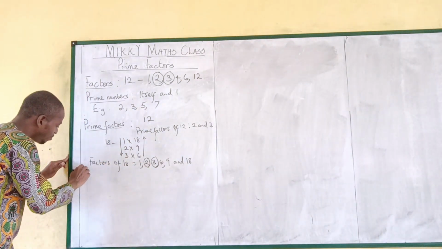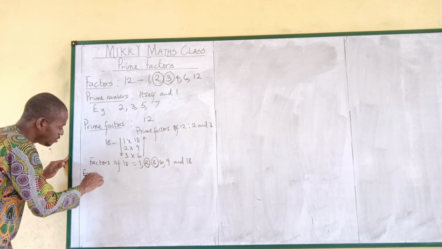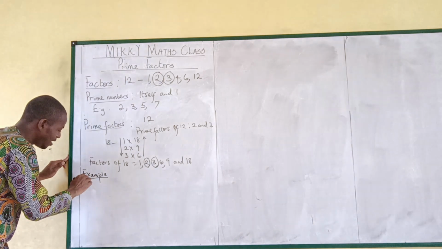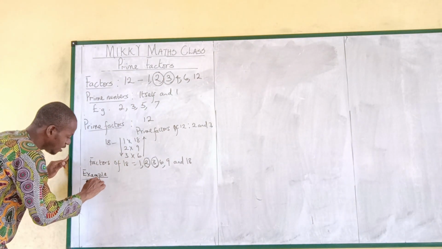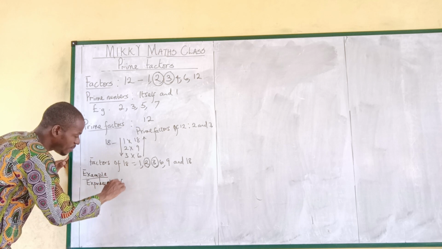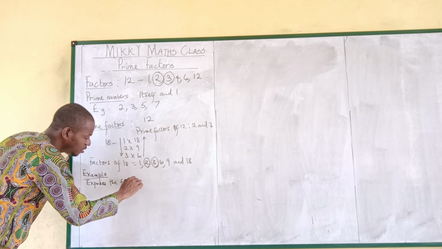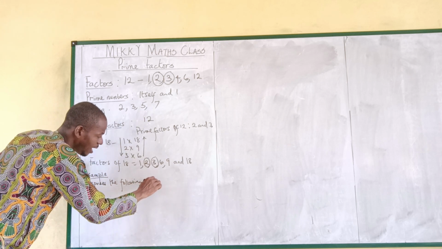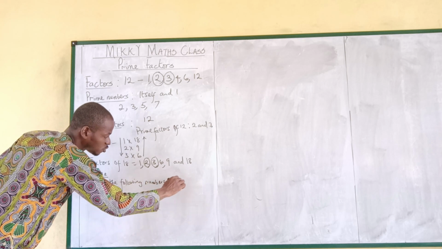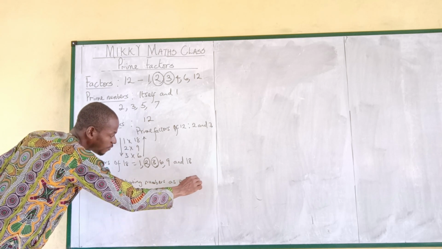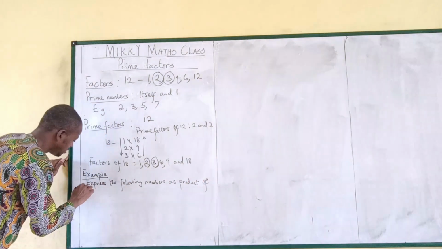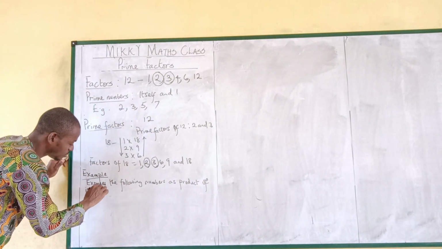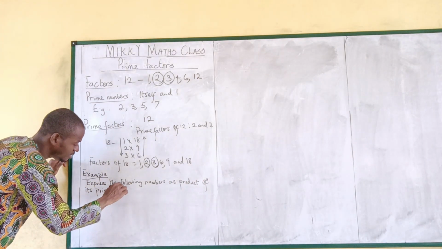Now, let's take an example. In some scenarios, you could be asked, express the following numbers as product of prime factors. A question can be given like this.